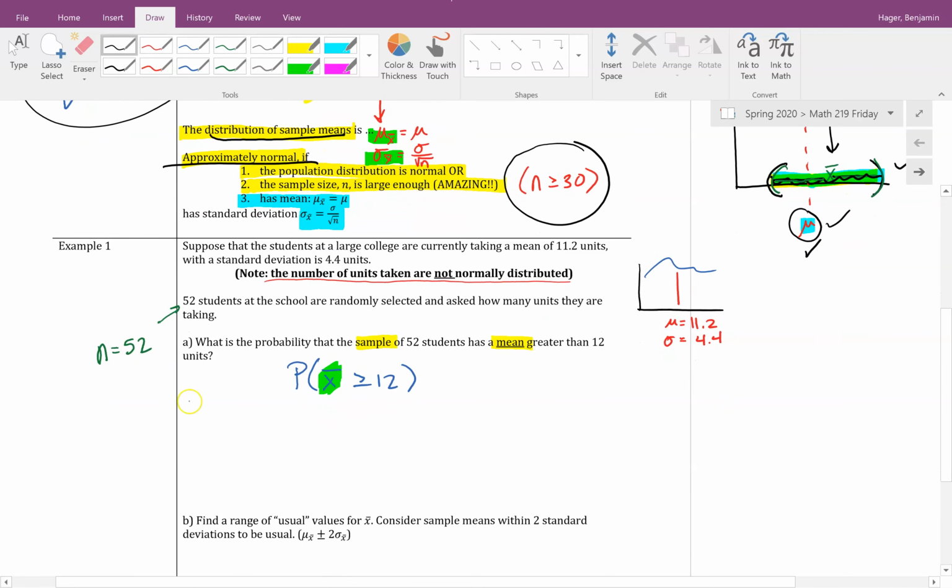So since n is equal to 52, which is bigger than 30, by central limit theorem, the distribution of sample means is approximately normal.